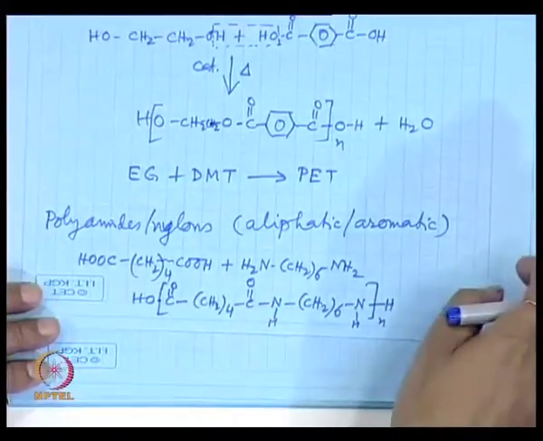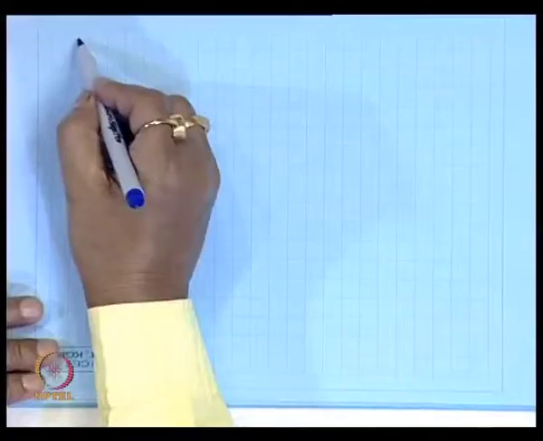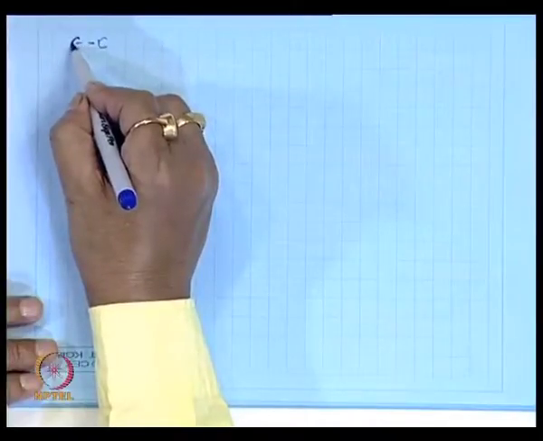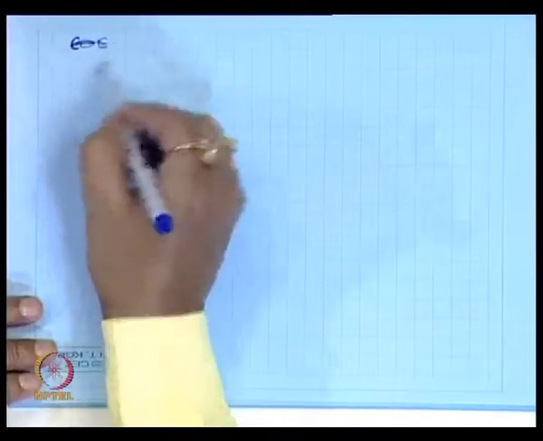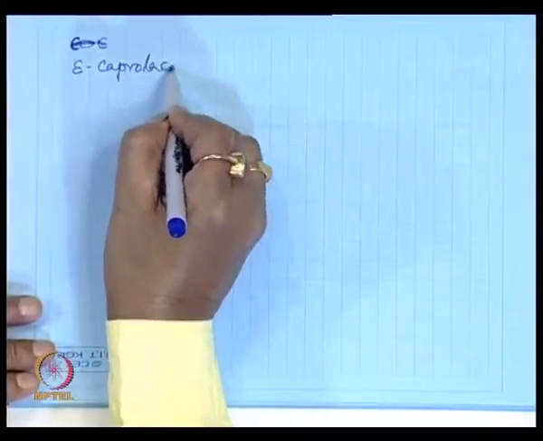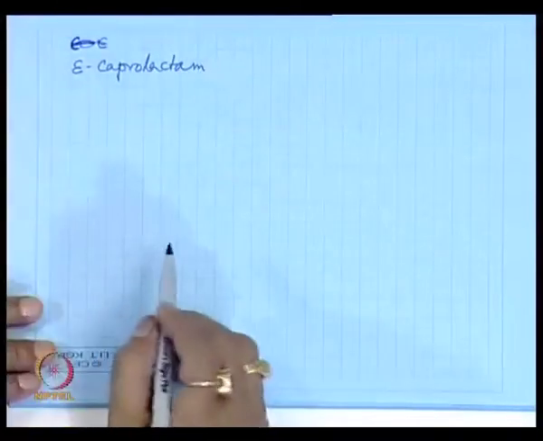You can get nylon 6 from caprolactam, ring compound.